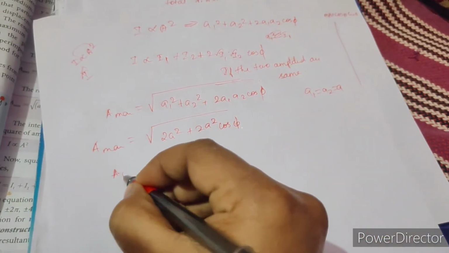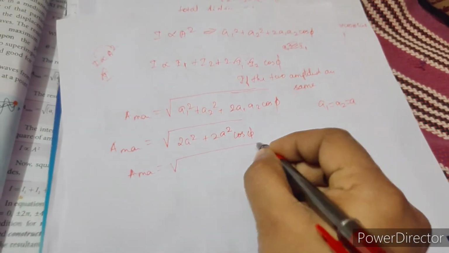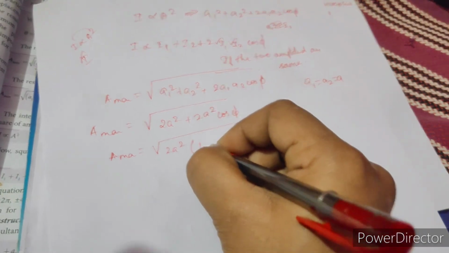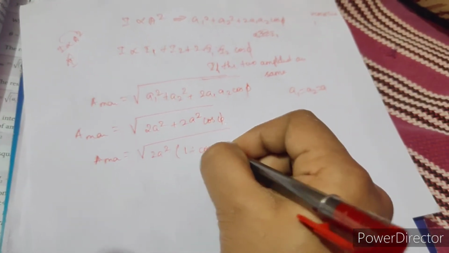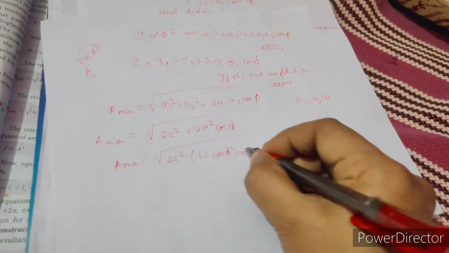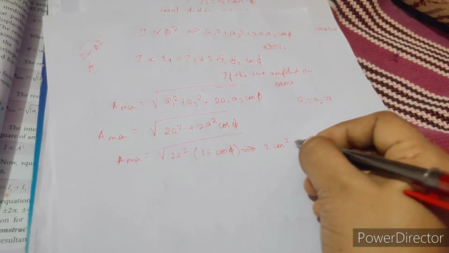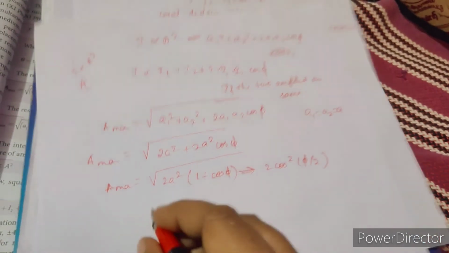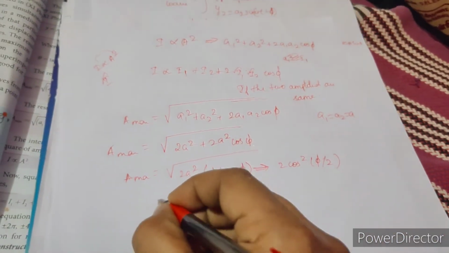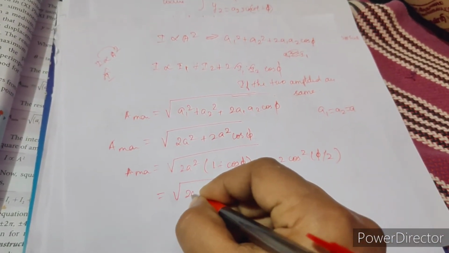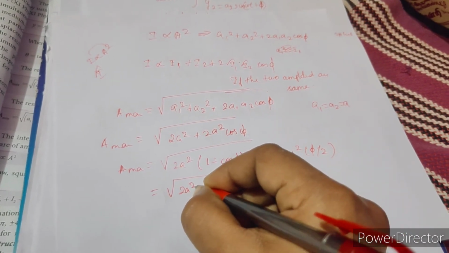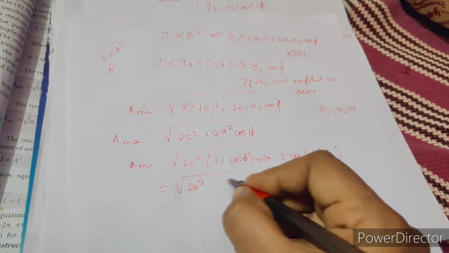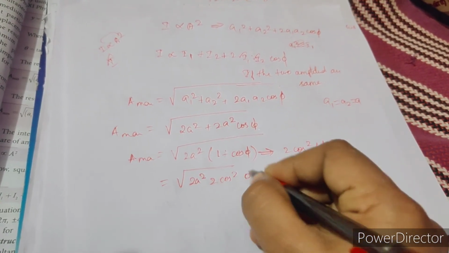Okay, so again A maximum is equal to root of 2A square, take as a common. So remaining I will have 1 plus cos phi. So now I can write this 1 plus cos phi as 2 cos square phi by 2. Okay, so now this equation will be turned into root of 2A square times 2 cos square phi by 2.